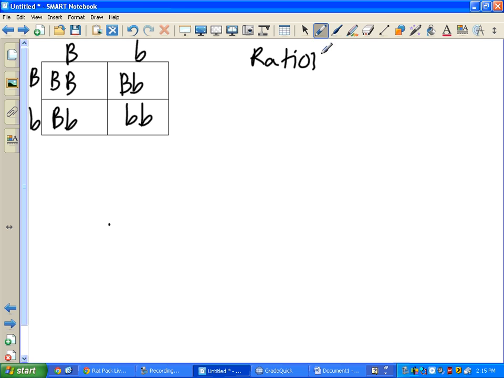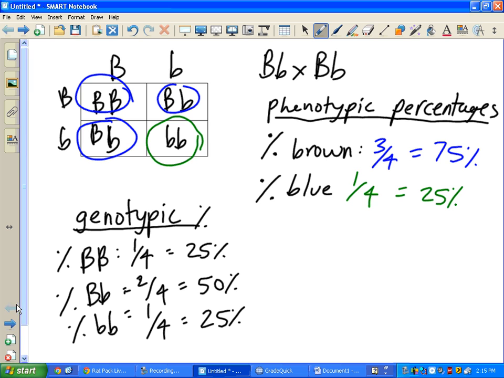Ratios are a little bit different than percentages. When we had percentages, let's write this in red so you can see it. Percent means part over the whole.